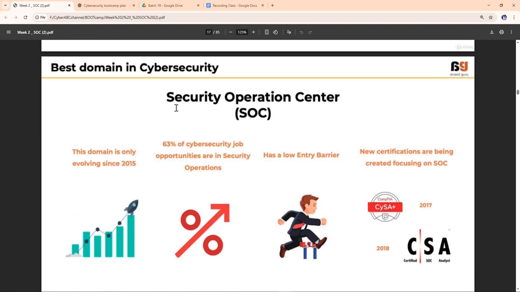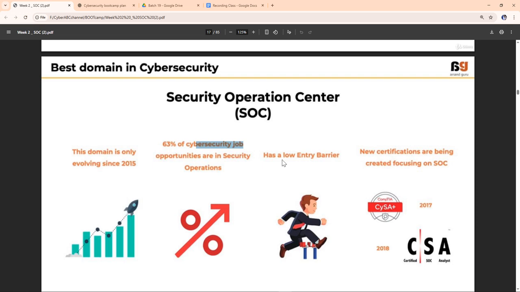So, Security Operations Center is one of the entry level friendly areas. This domain has only been evolving since 2015, and 63% of cybersecurity jobs and opportunities revolve around the Security Operations Center.